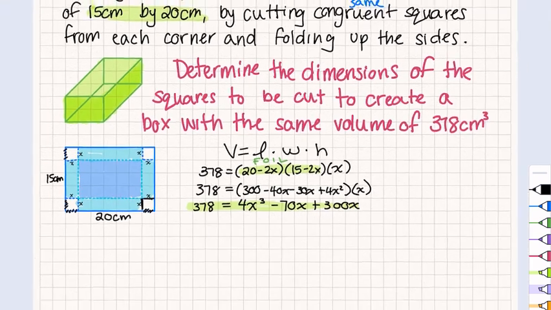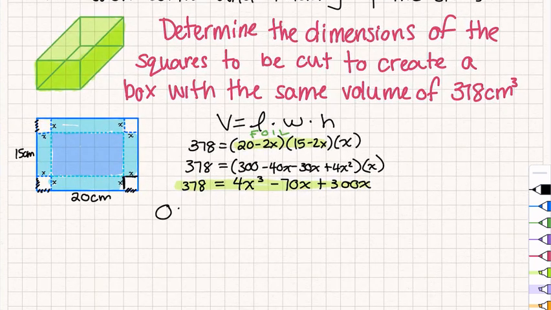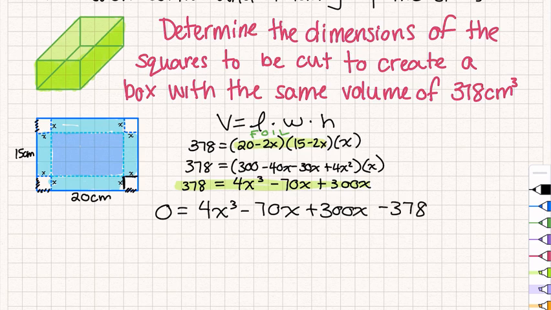So we're left with 0 equals 4x cubed minus 70x plus 300x minus 378. We now have an equation that we can work with. So we're going to apply the factor theorem. We're going to find a number that will make this equation equal 0 when we sub in x.